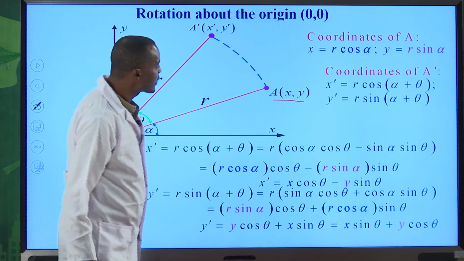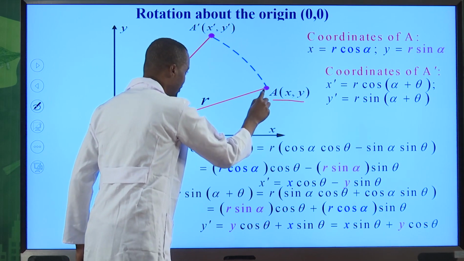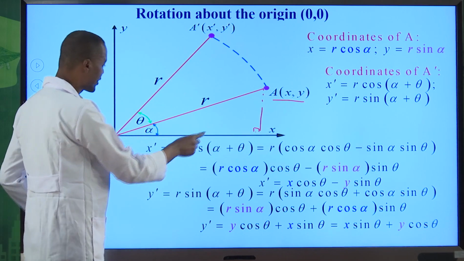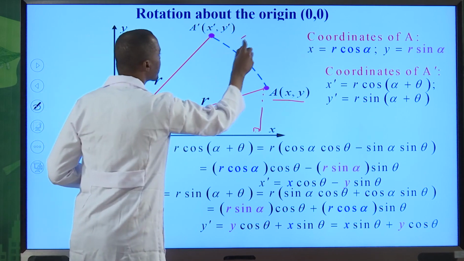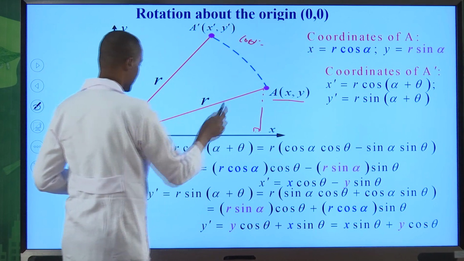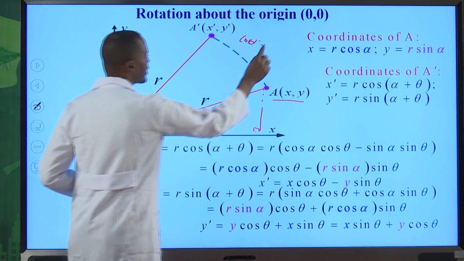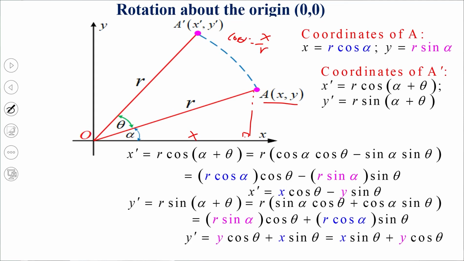So in this case, the coordinates of A: if I bring it this way, that will form 90 degrees, and the cosine of alpha is adjacent, that is x divided by hypotenuse, x divided by r, so x is r times cosine of alpha.